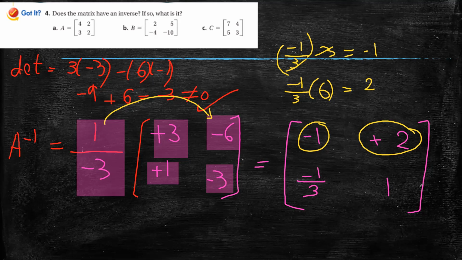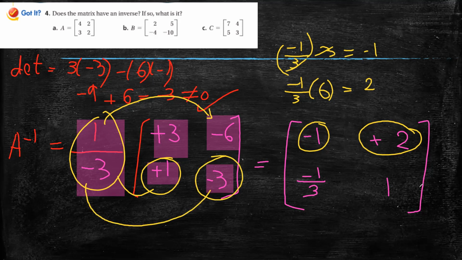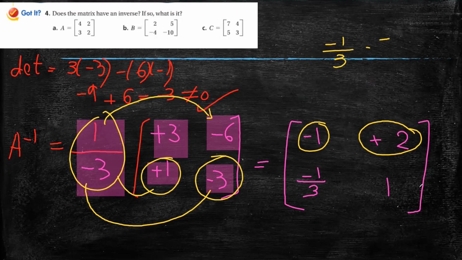Multiplying now 1 over negative 3 times 1, you will get the same number. And multiplying this number by negative 3, you will get a positive 1.